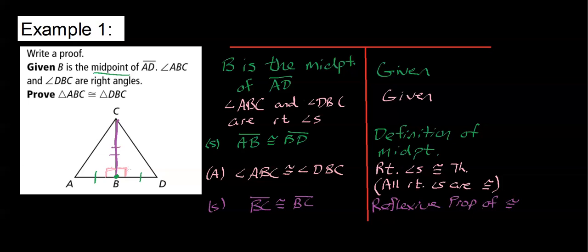Angle DBC is the included angle with respect to our two marked sides. So we're ready to finish off this proof, and we can just state that triangle ABC is congruent to triangle DBC, and this is by the side-angle-side congruence theorem.